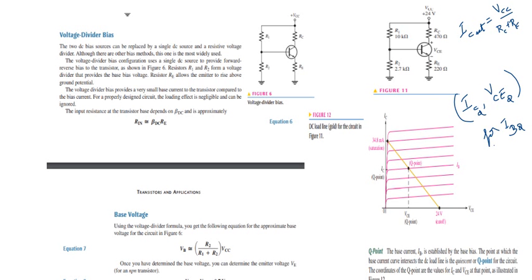So 24 divided by 470 plus 220, you will get 34.8 milliampere. This is your IC sat. Similarly, VCE cutoff equal to VCC. So we have got these two values.